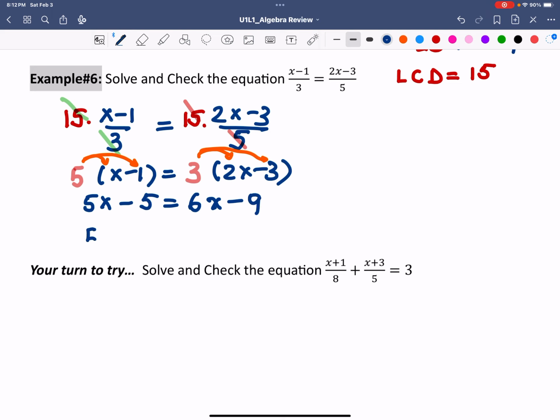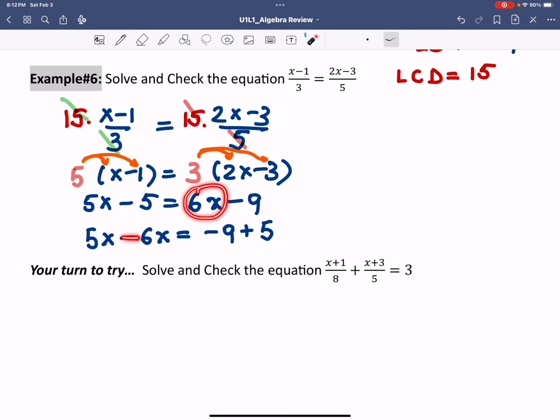Now, take the variables to the left, numbers to the right. So whichever term is being transferred to the other side, we'll switch the sign. So 6x here became negative because we moved it. And negative 5 became positive because we took it to the other side.